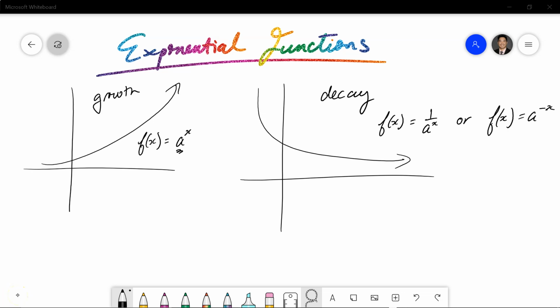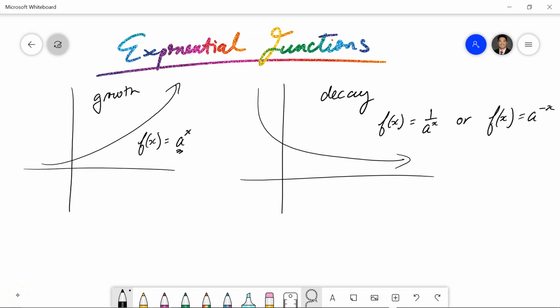If we think about interest rates, you've got your initial amount, which is multiplied by 1 plus or minus your rate over 100, to the number of years. And that's going to give your final amount.